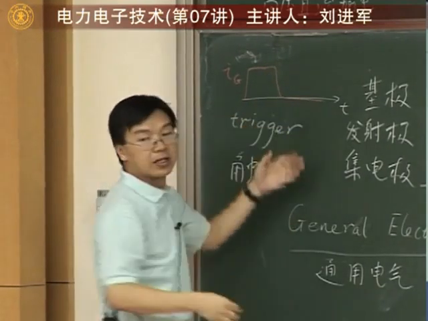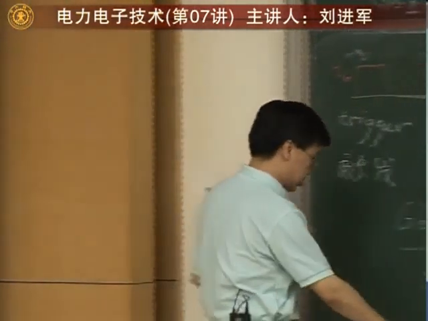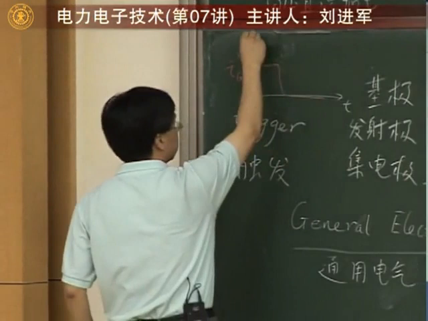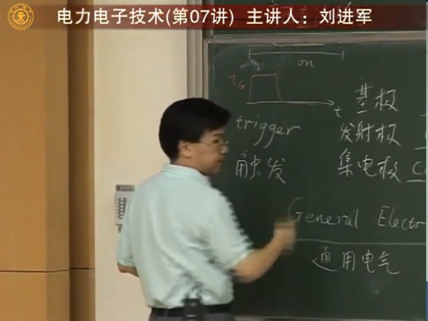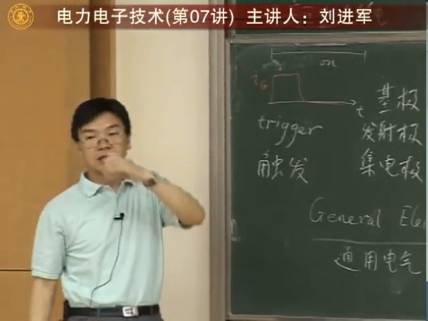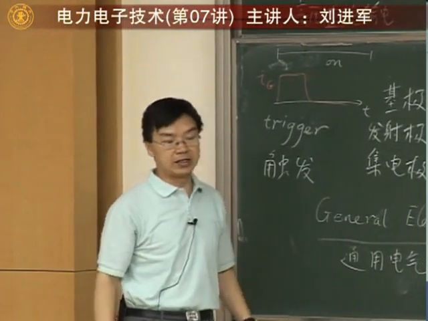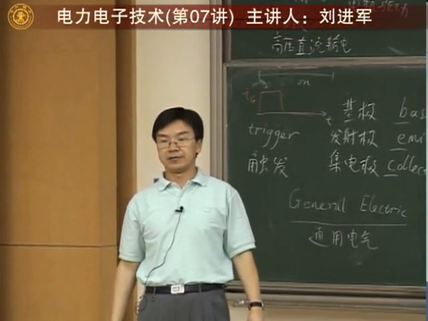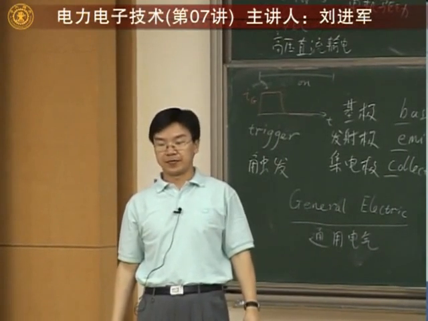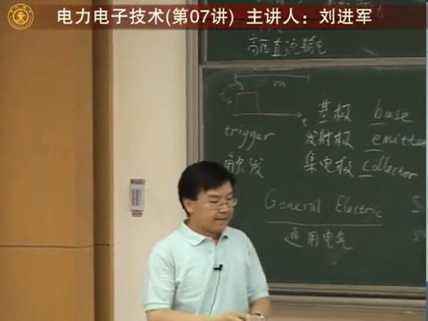This gate current can be decreased to 0. And the switch, during this time, was still kept on. After the triggering, it will always stay in the on state. This is called trigger. Okay?